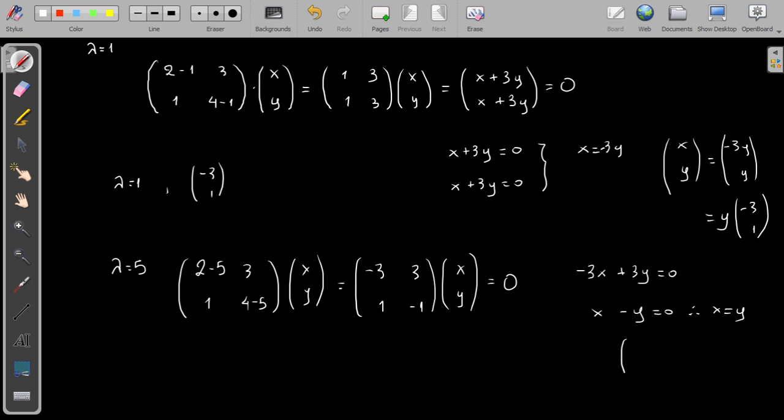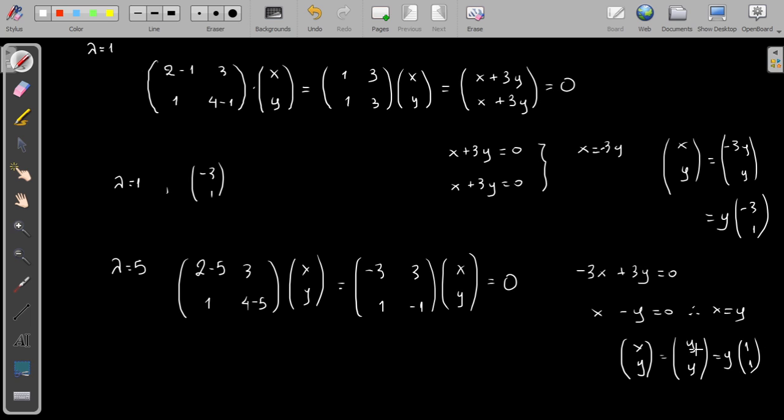From here I will get, therefore, x is y. So if I have my vector x, y, I'll substitute y, y instead. I'll put y outside my vector, and I will have 1, 1.